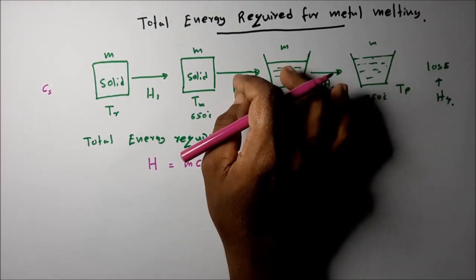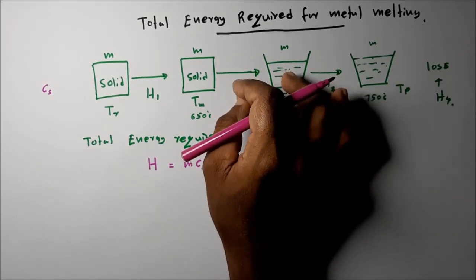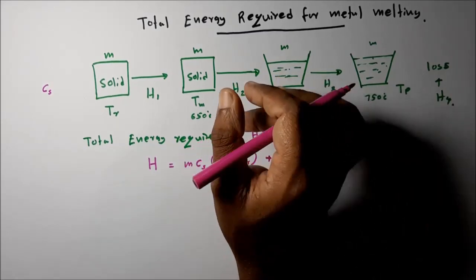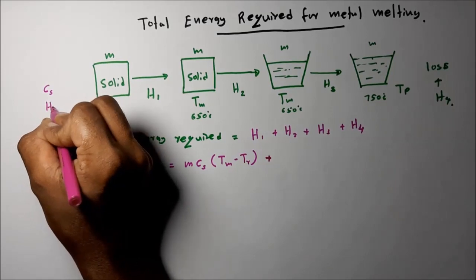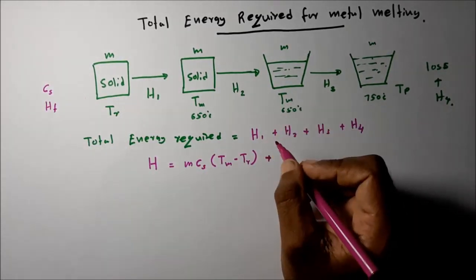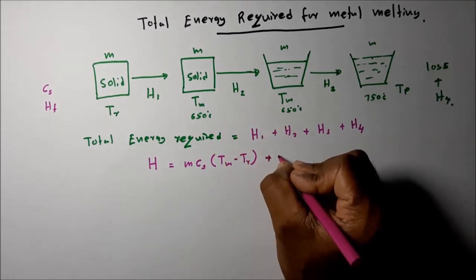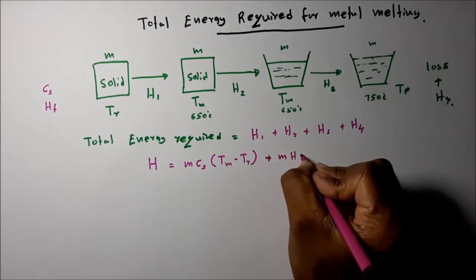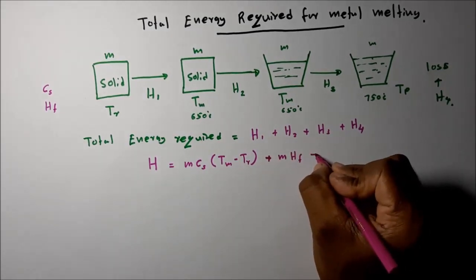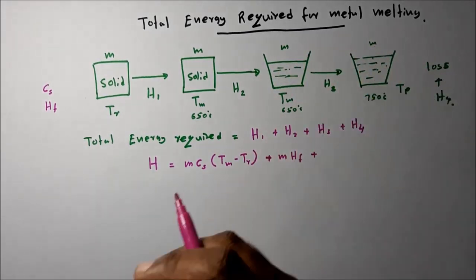If you know the latent heat of fusion for this material, let's take that as HF. We can calculate the energy required because the mass is given: mass into HF. Plus then this liquid molten metal has to be taken to the pouring temperature.